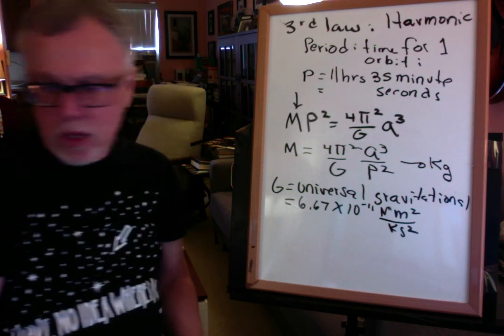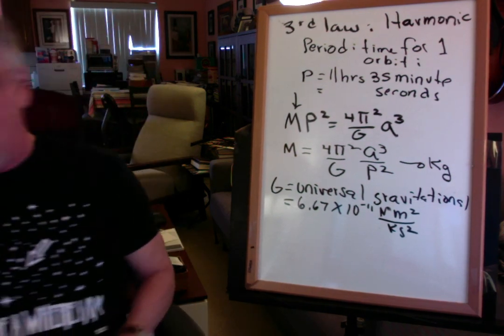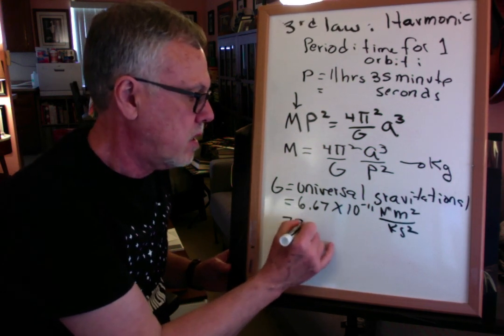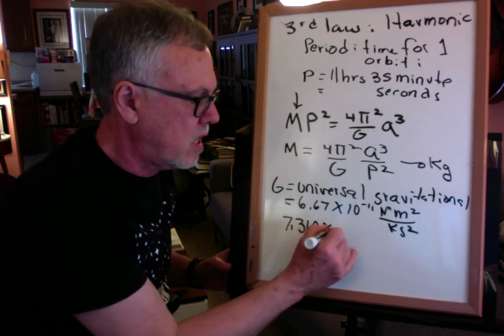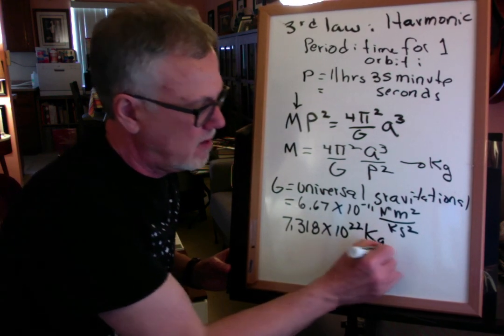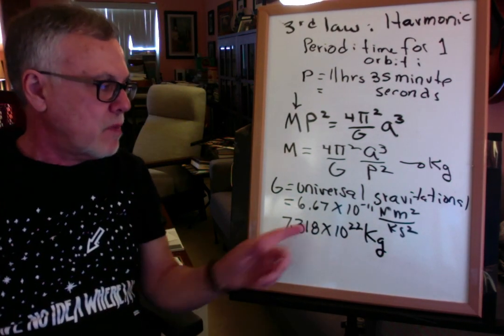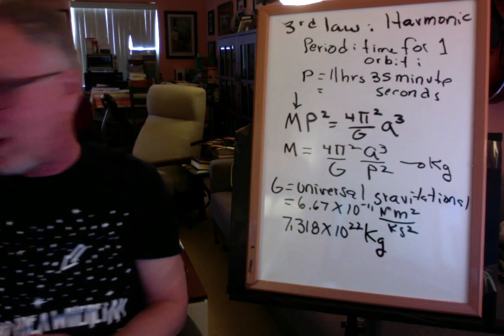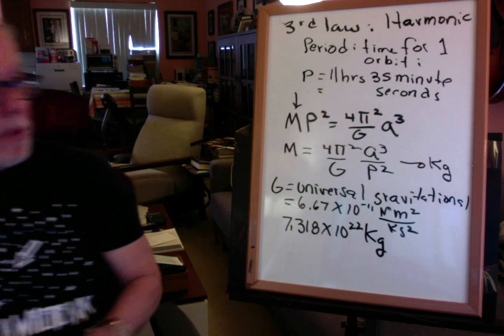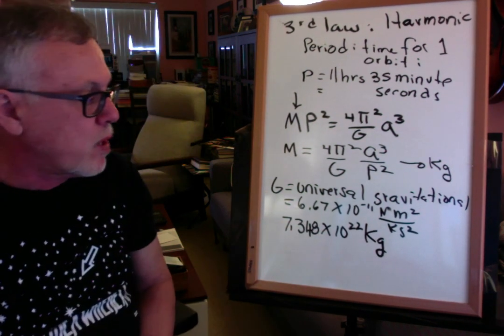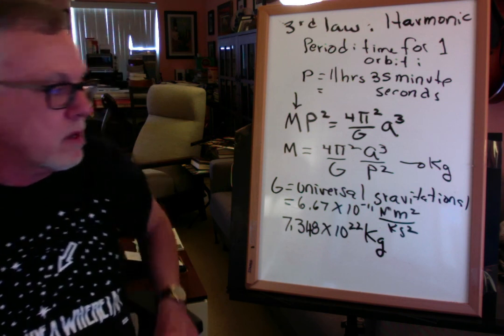And the value should be close to 7.318 times 10 to the 22 kilograms. It may not be exactly that, but it certainly should be in the 10 to the 22 kilograms. That's a 4, forgive me. 7.348 times 10 to the 22 kilograms.